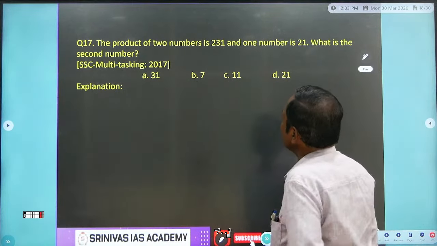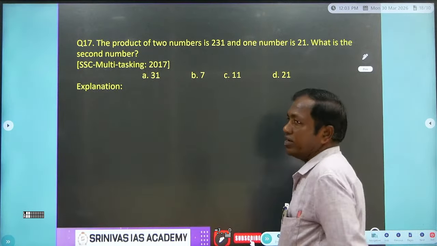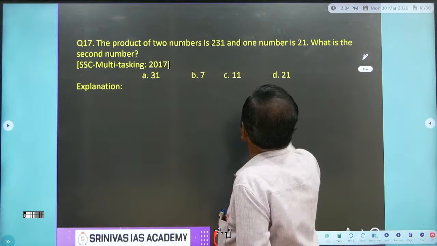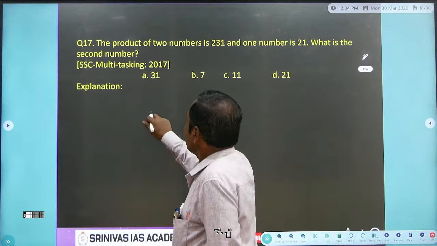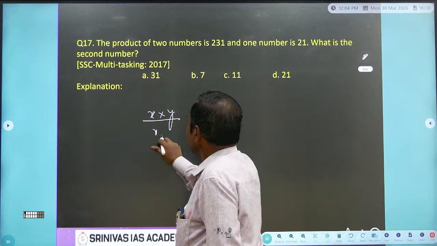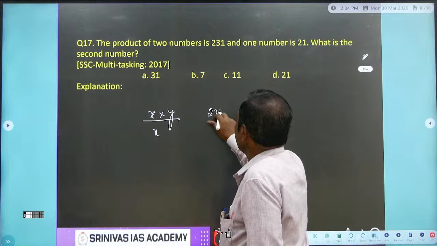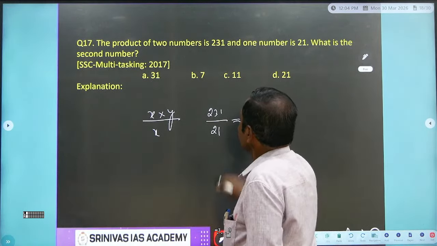The product of two numbers is 231 and one number is 21. What is the second number? This is like x into y, two numbers; you can take x or y. So what happens? 231 divided by 21.